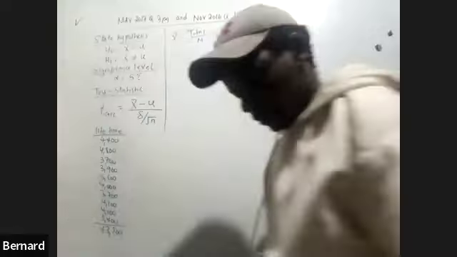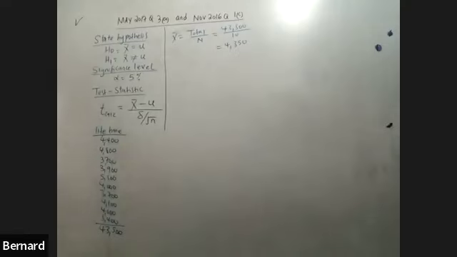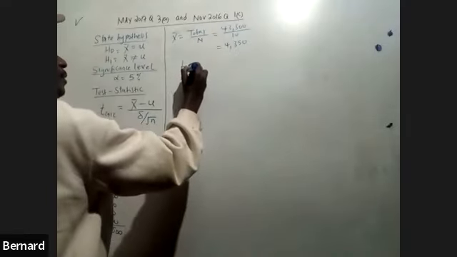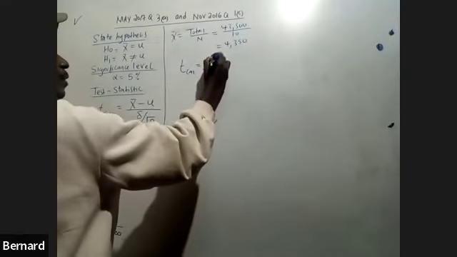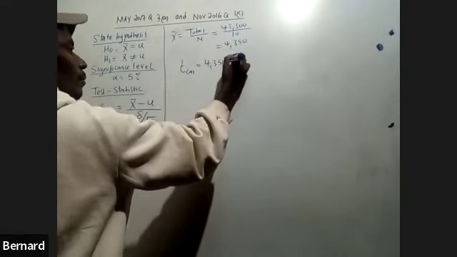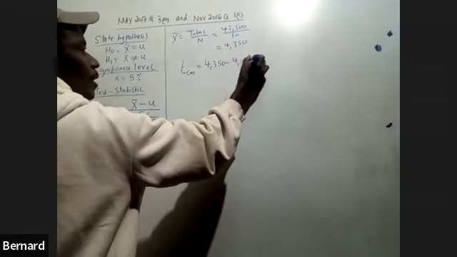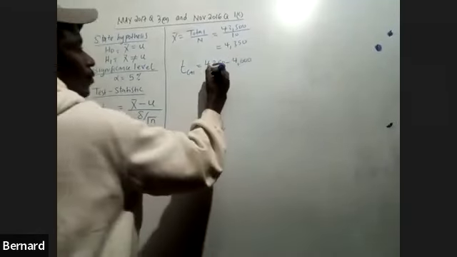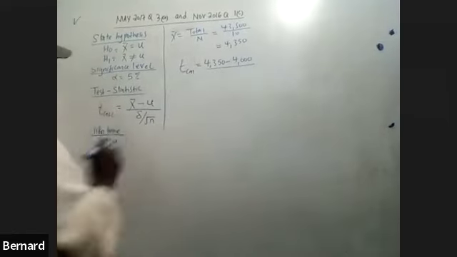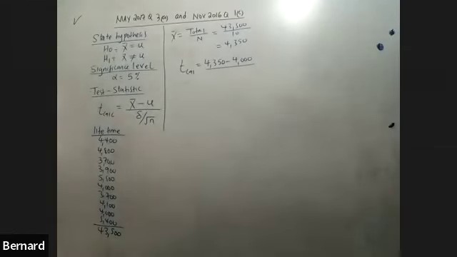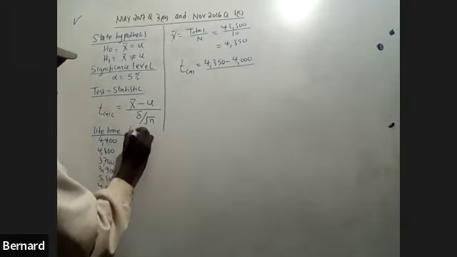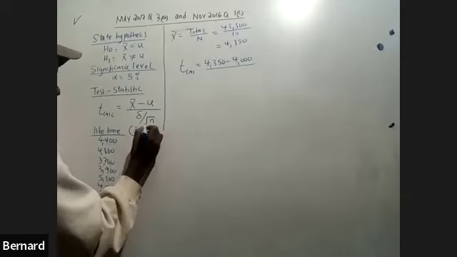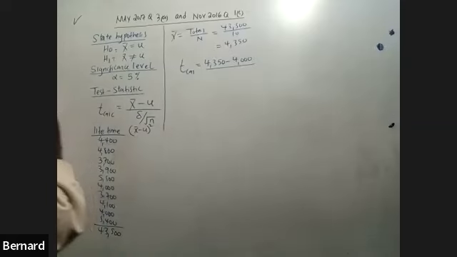That is the mean. Now, tumepata mean, na tunajua T calculated the mean, which is 4350 minus mu, walituambia ni ngapi? Hypothetical mean 4,000. We need standard deviation. How do we get standard deviation? Nitafutia hapa, itakuwa ni x bar minus mu squared.